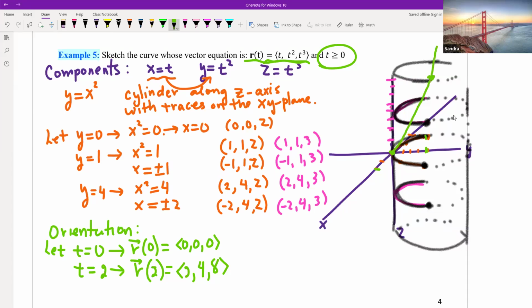It's going to go this way, yeah? That's it. That will be the orientation. It will be on the surface right here, and that's the orientation for this one.